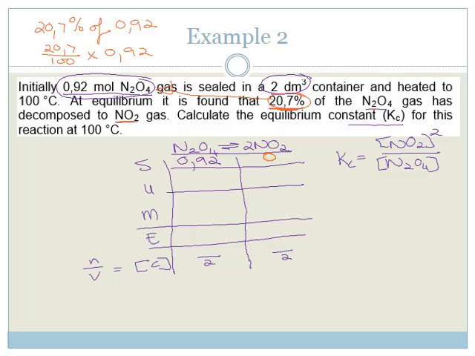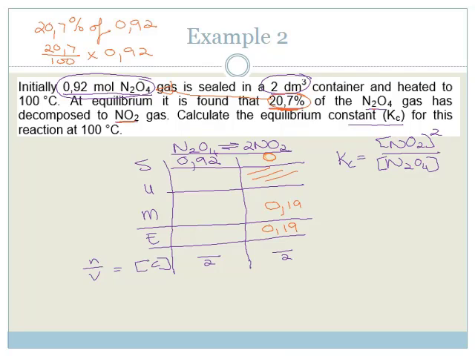That means that it decomposed to NO2. So what we have is 0.19 moles changed to equilibrium. Okay, it has become that. That means we made 0.19.